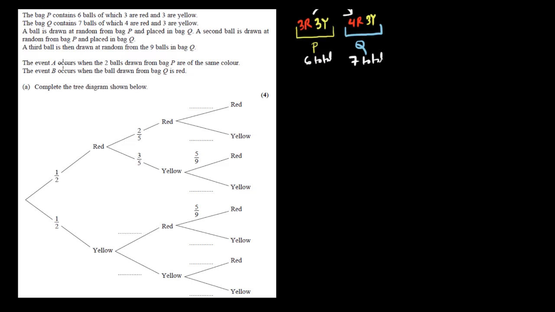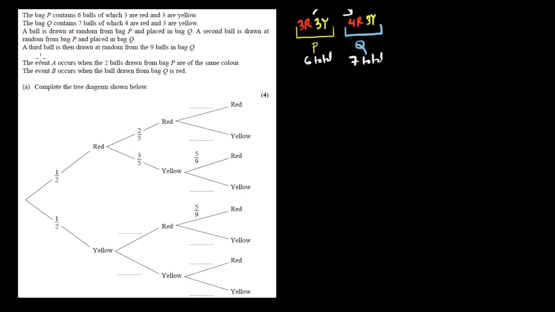Then event A: a third item is drawn from bag Q finally. Once the first and second items are taken from bag P, bag Q will have 9 items, and the third and final item is taken from bag Q when it has 9 items.